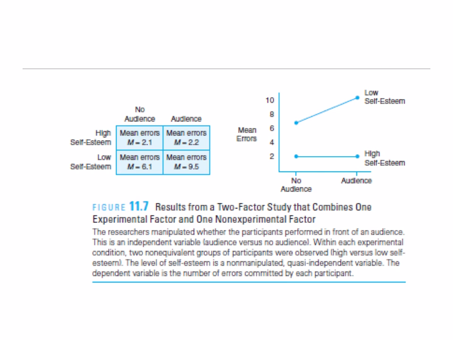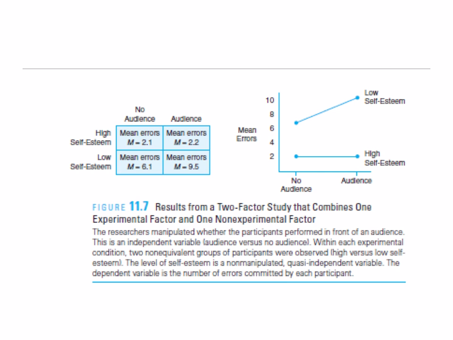Because then we're both able to make judgments about the main effect, if any, of high self-esteem and low self-esteem. But we can also see how that subject variable of self-esteem, if at all, relates to the manipulated variable of audience or no audience. And as you can see here, it looks like there is an interaction. These lines are not parallel.